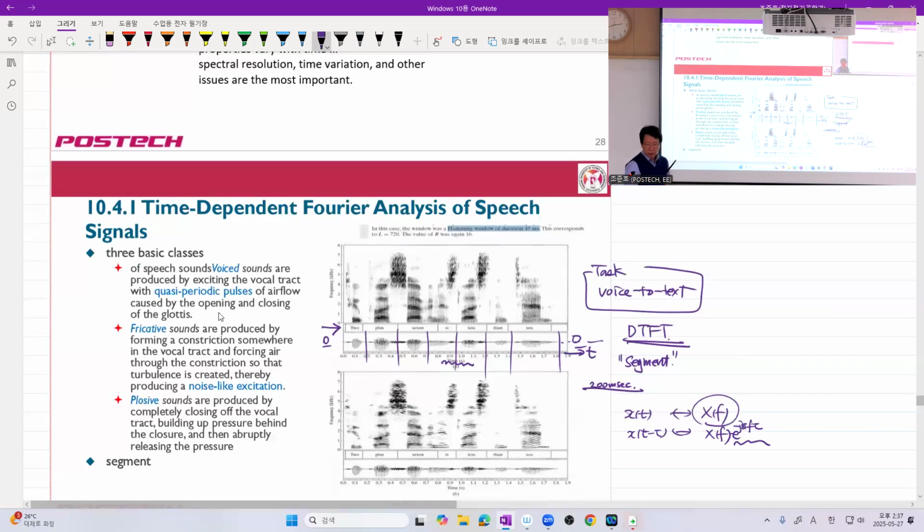This figure was already given to you when I talked about my own experience of taking speech signal processing. And here goes the utterance of 2 plus 7 is less than 10. What is it? It's actually the spectrogram. We use the short-time Fourier transform by properly choosing the window length and the FFT points.